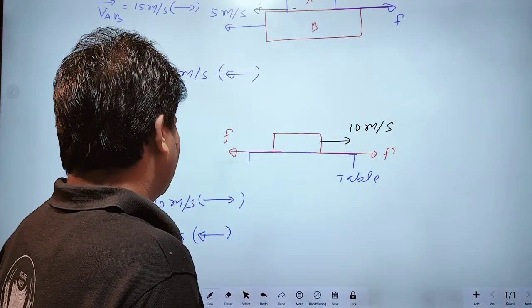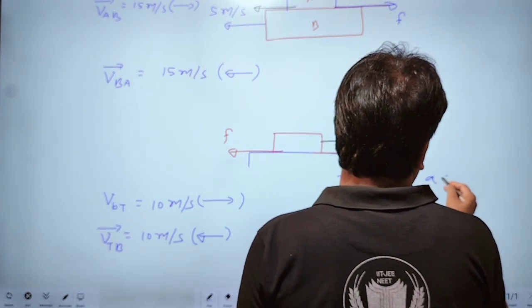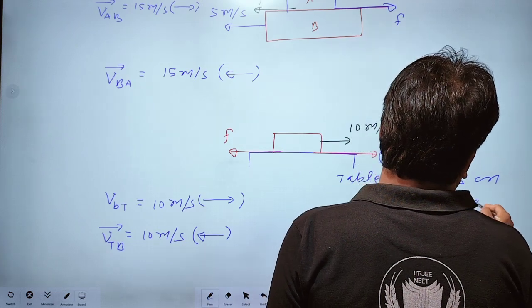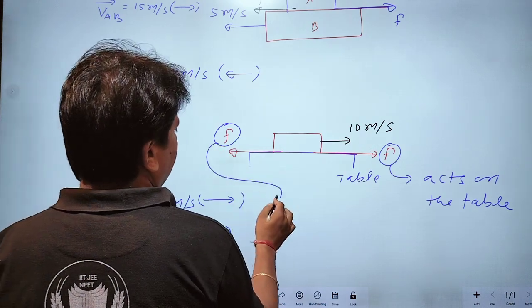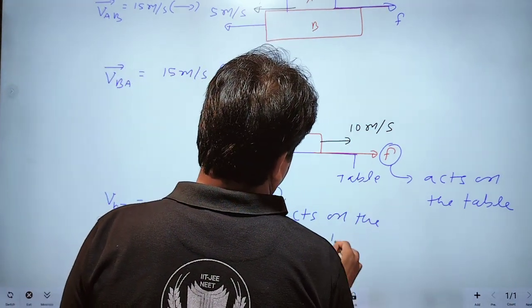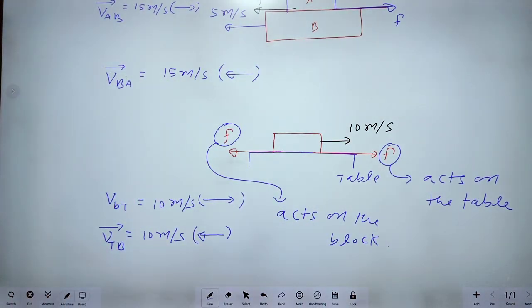This friction force acts on the table, but this friction force acts on the block.